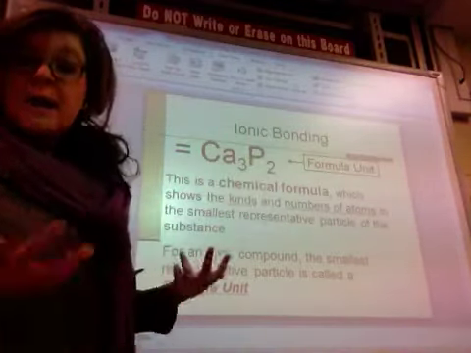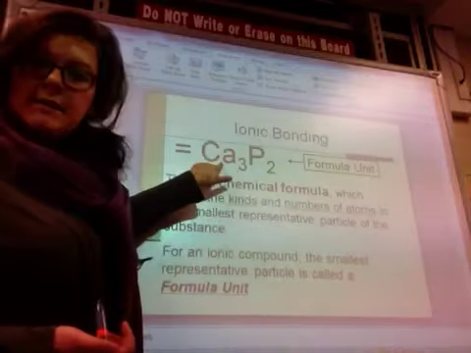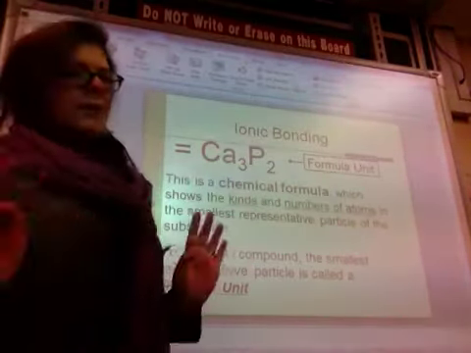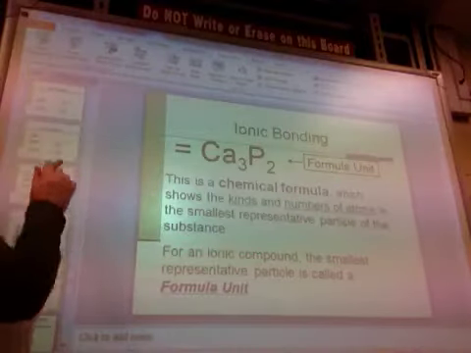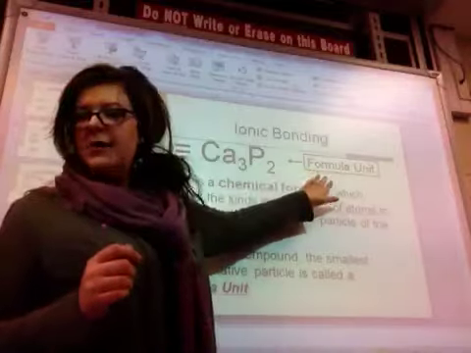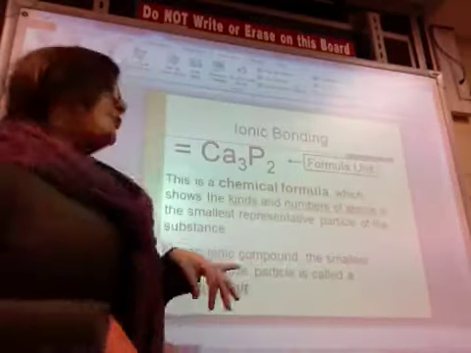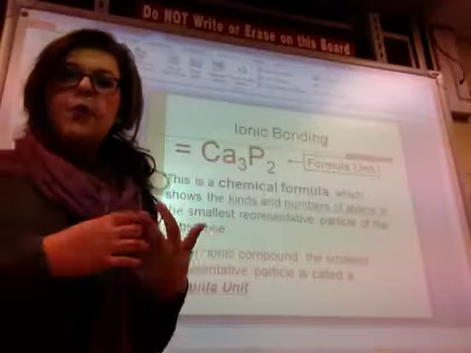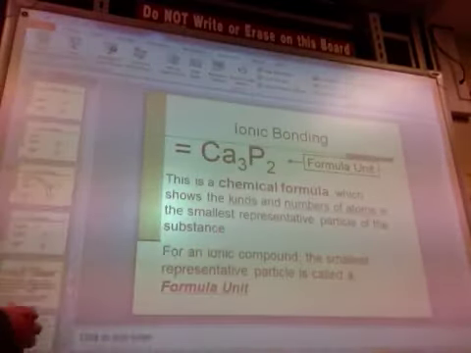I also know how many of them I have: 3 calcium atoms and 2 phosphorus atoms. So you already know that. But just know, because this is something new, an ionic compound is also called a formula unit. And specifically, it's just the smallest unit for an ionic compound.